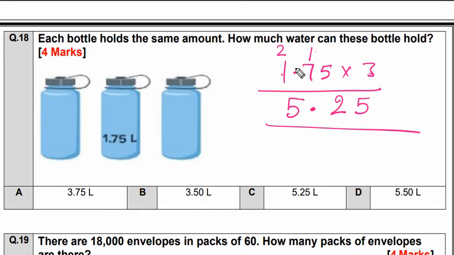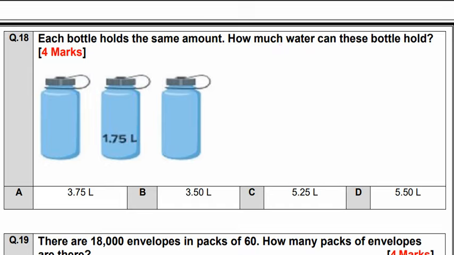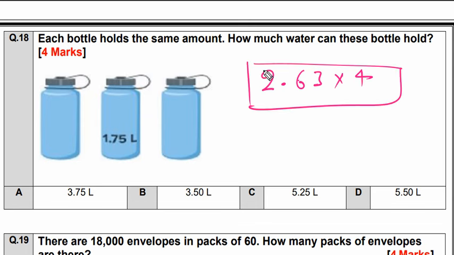Okay, that's how you do this. So your answer is this. Don't forget the unit. Liter is the unit. Okay, let me write one question and let's see if you can do this. 2.63 times 4. Try this question, pause the video and see if you can answer.